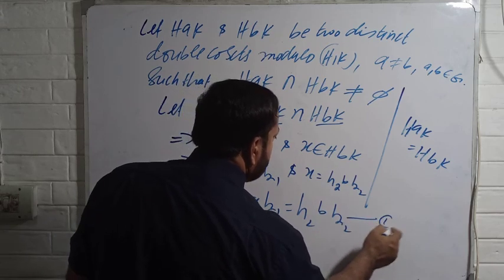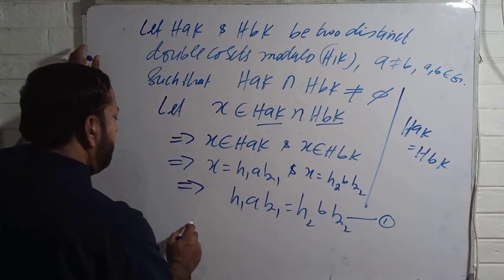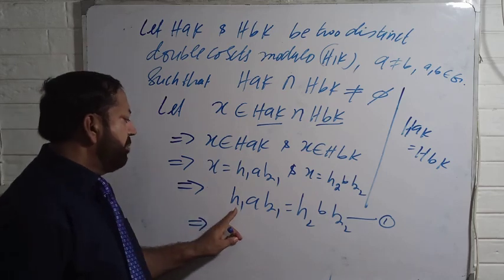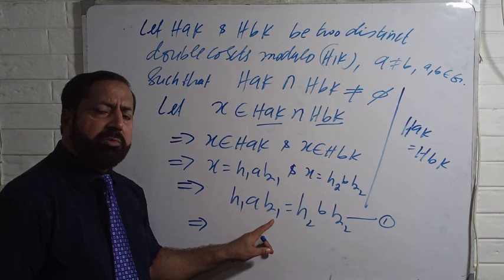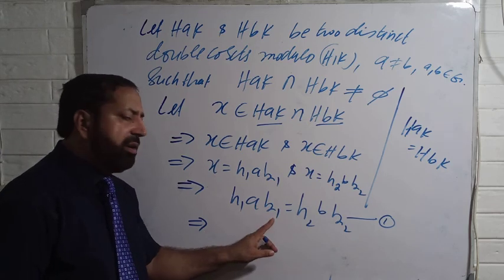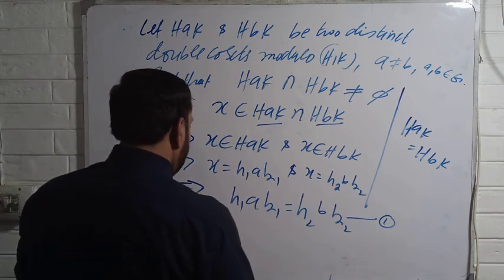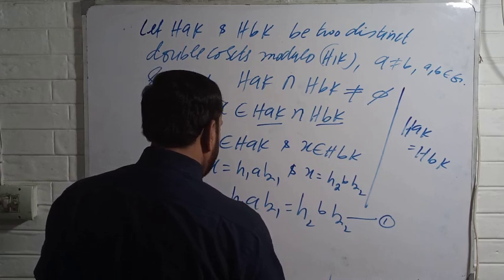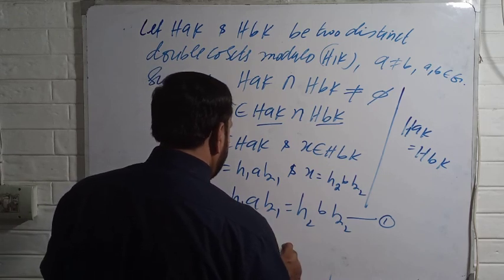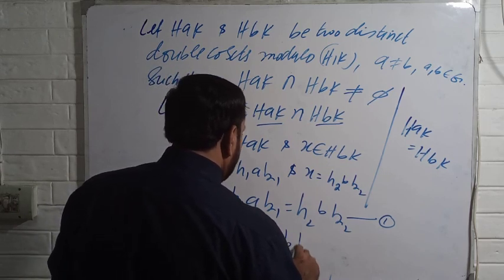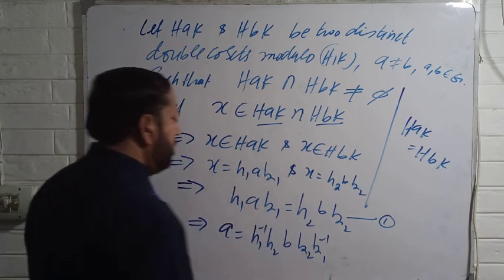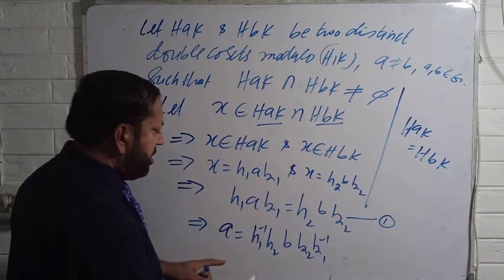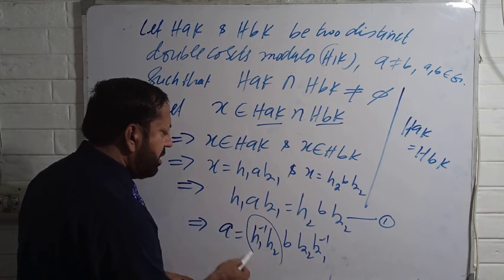Say this is number 1. From here you can apply pre and post multiplication by H1 inverse and K1 inverse. You will get A is equal to H1 inverse H2 B K2 K1 inverse.